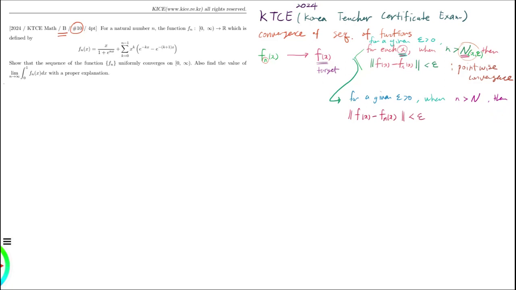In this case, this capital N does not depend on x, but only depends on epsilon. So this is the stronger case. For the whole x in the domain, this norm is less than epsilon. This is called uniform convergence.